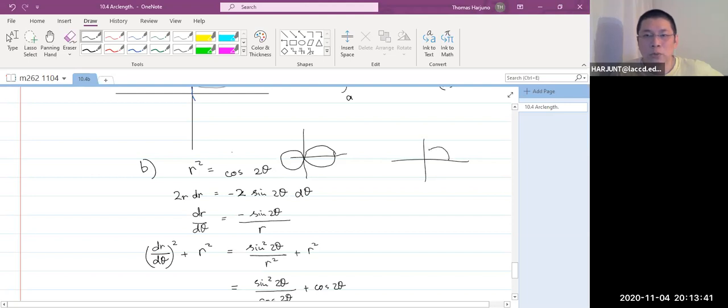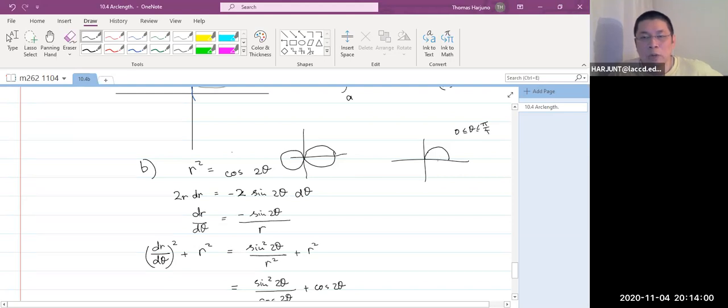From 0 to pi? No, it's not from 0 to pi. 0 to pi over 4. Theta is from 0 to pi over 4 to give me that one.